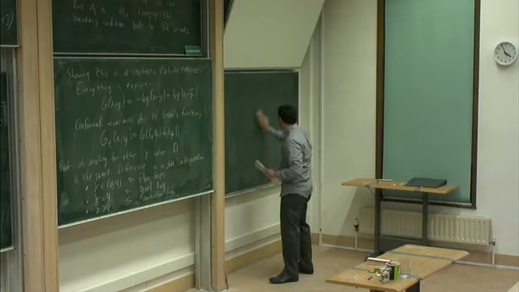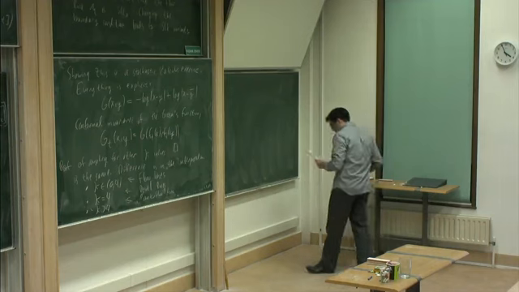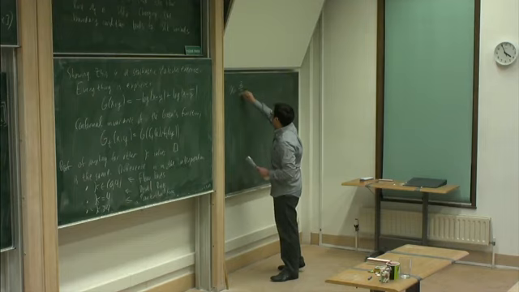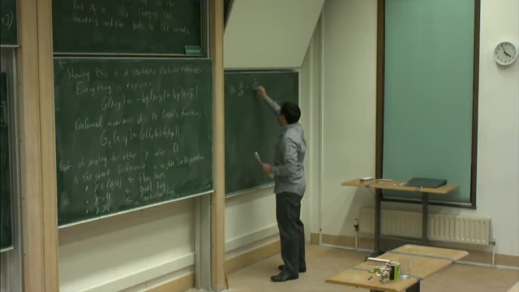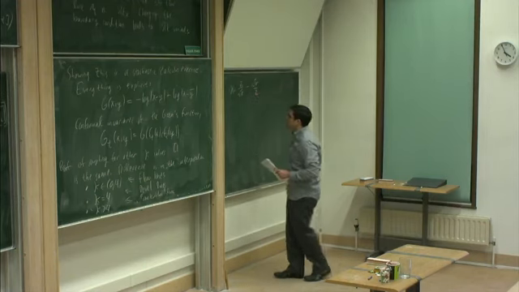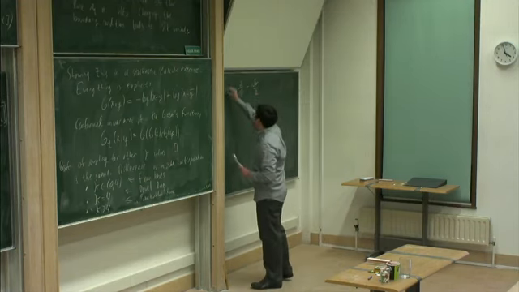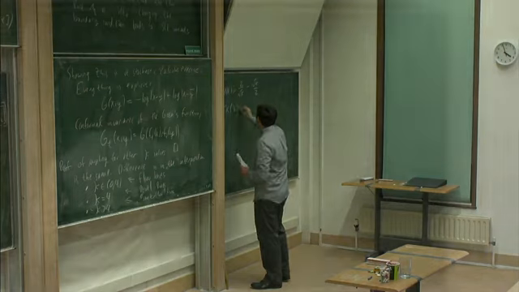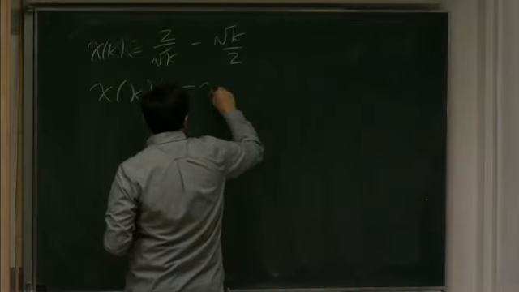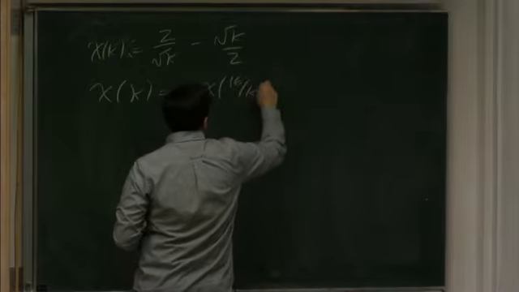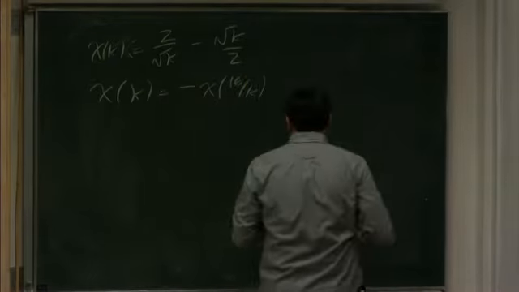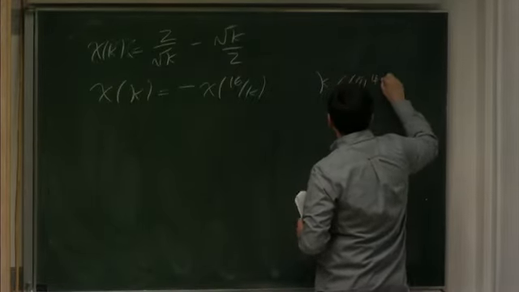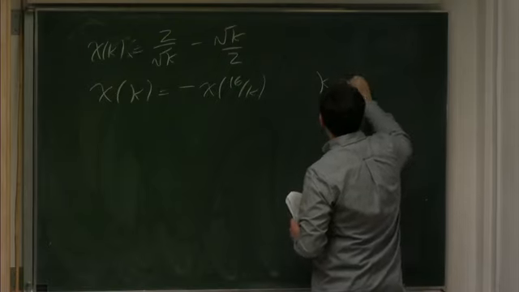The important thing is that if you go back to this constant chi that I wrote down earlier, chi is equal to 2 over square root kappa minus the square root of kappa over 2, then this has a symmetry: chi of kappa is equal to minus chi of 16 over kappa, where kappa is just positive.